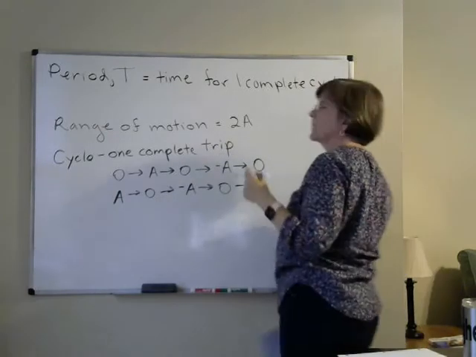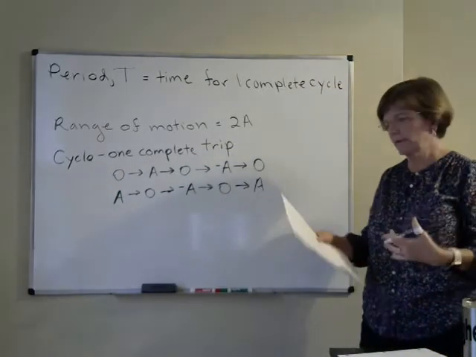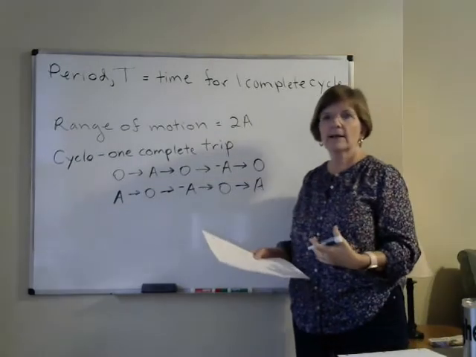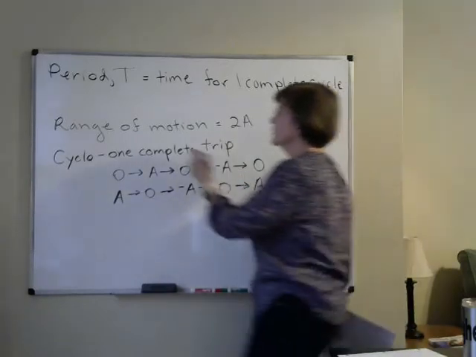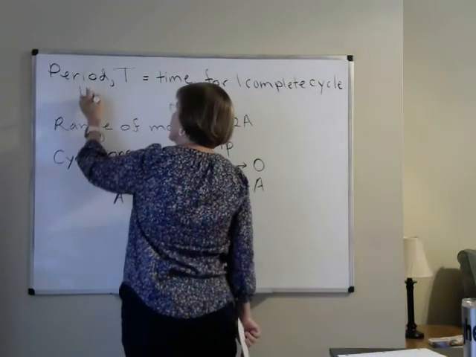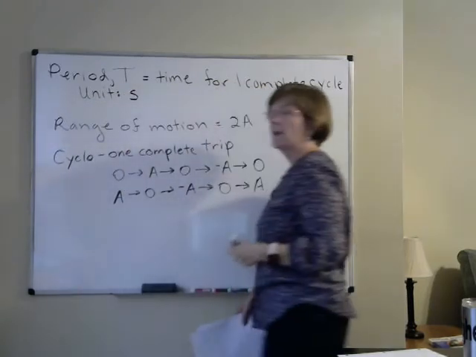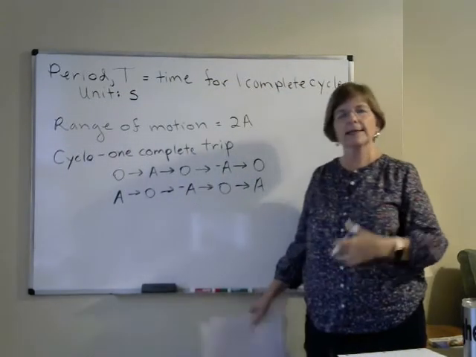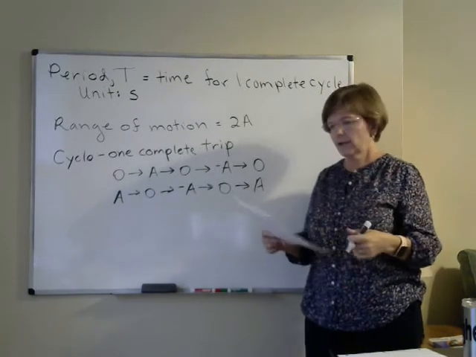When we were talking about rotational motion, the period would have been the time for one complete revolution. After that, the rotational motion repeats. Our unit, of course, for period or for any time is always going to be the seconds. We might measure the period of something in days or months or years, but the SI unit will be the second.